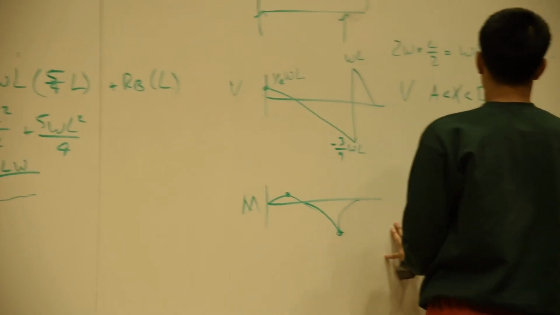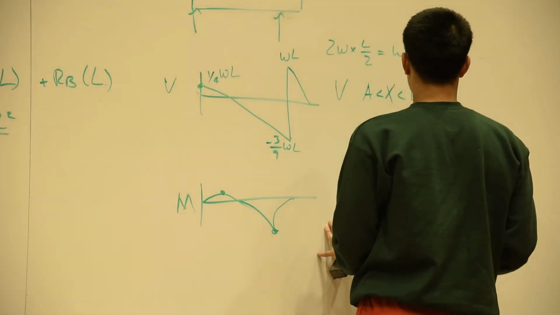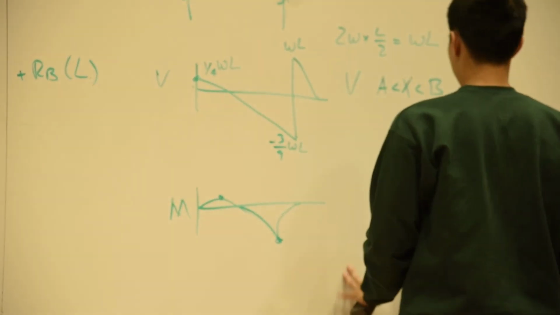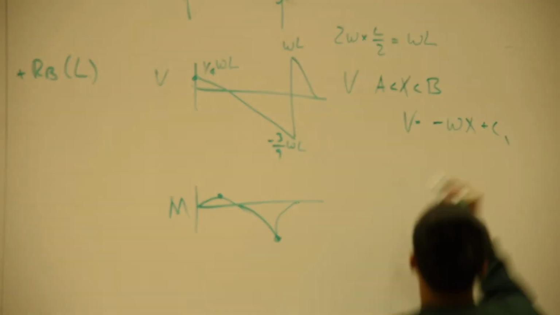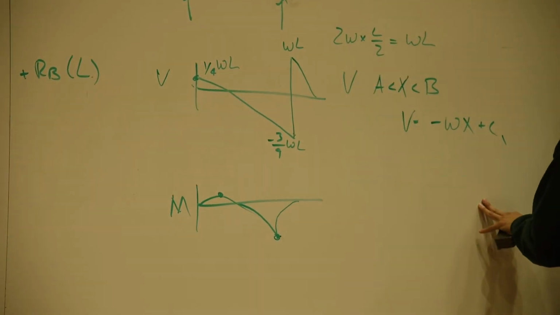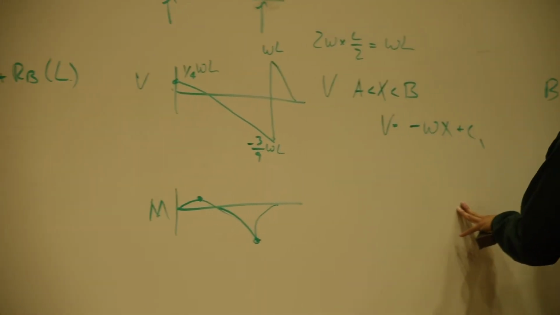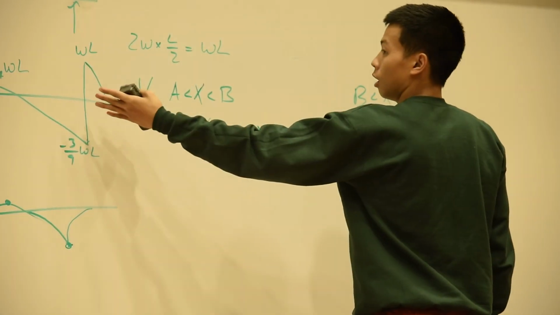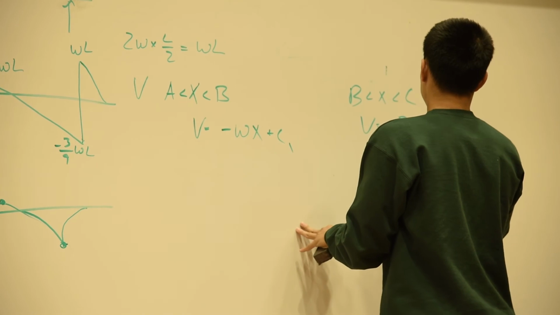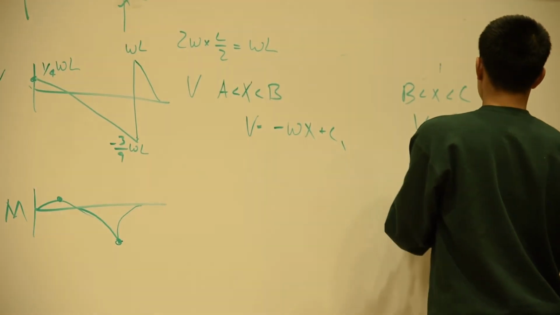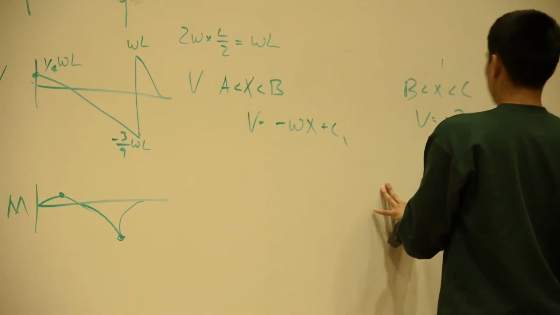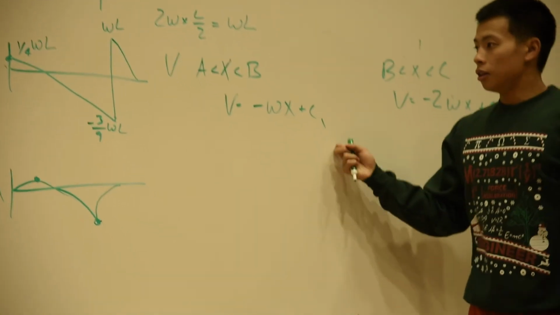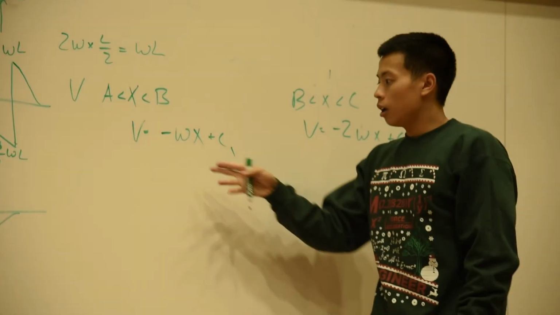Negative W, X. I'm going to put C1 for now. And then, right over here, from B to C, V equals negative 2WX plus C2.